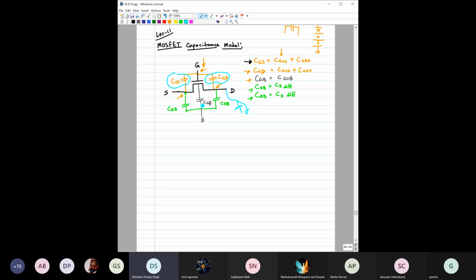That means, is there any self-loading effect? Are any of these capacitors connected at this output, or influencing the transient behavior of this transistor or not? Let us see that in the next page.